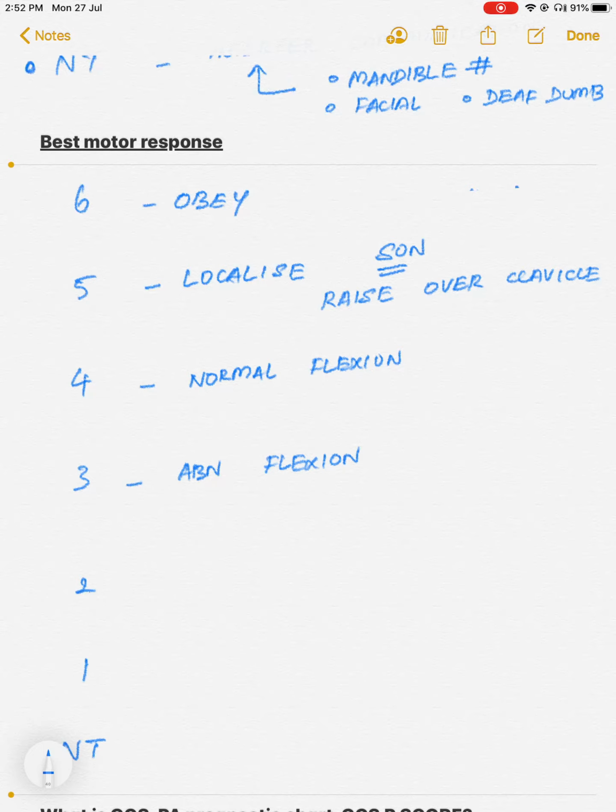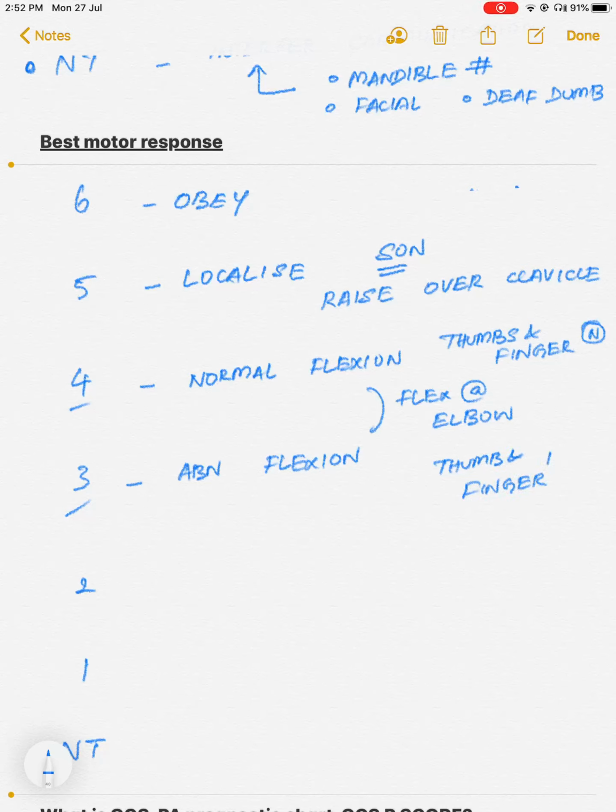Now, what is the difference between 4 and 3? Both will flex at the elbow, but the difference is that here the thumb and the fingers will all be normal, whereas here the thumb and the fingers will also be flexed.